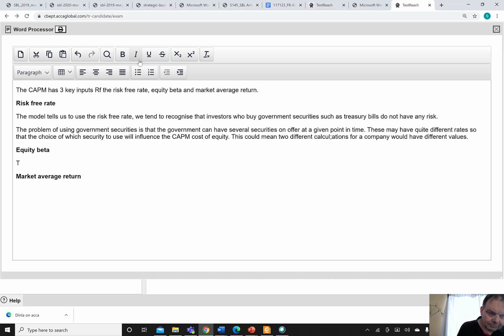The equity beta is a calculated value which has typically used historic rather than forecast information, making it out of date.